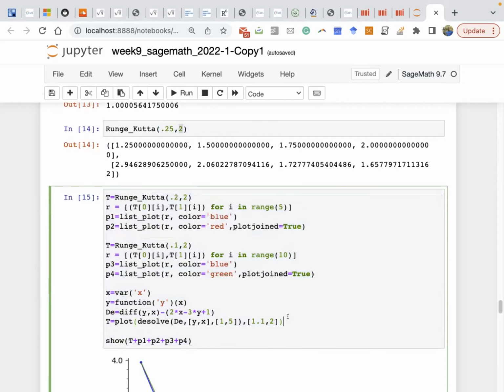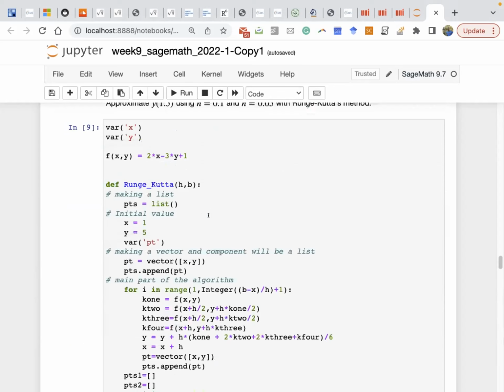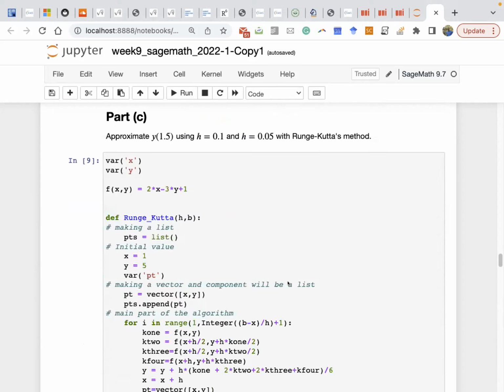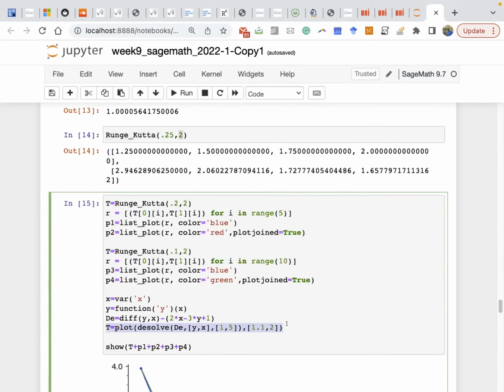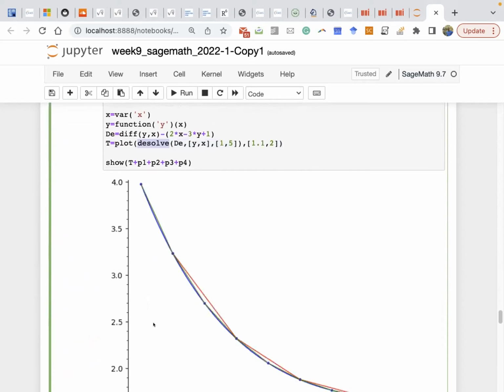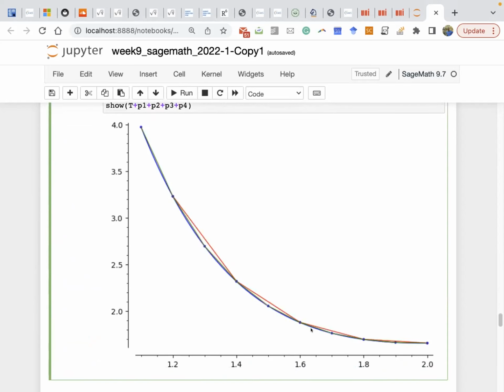So for the analytic solution, instead of writing this guy here, y of this, you can get your analytic solution by using this DE solve. So you see that with a finer step size, it will be closer to the analytic solution.